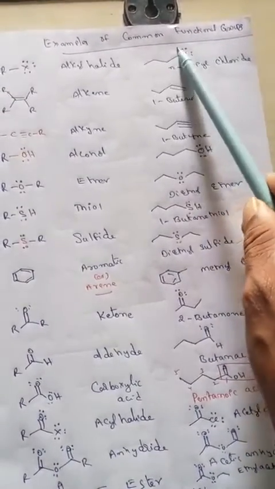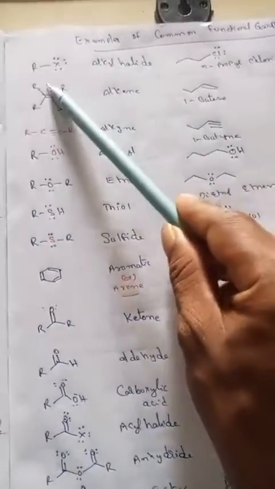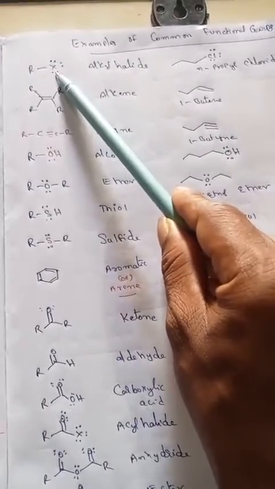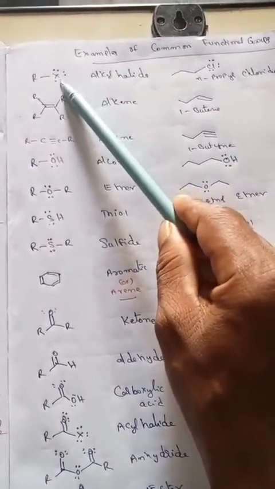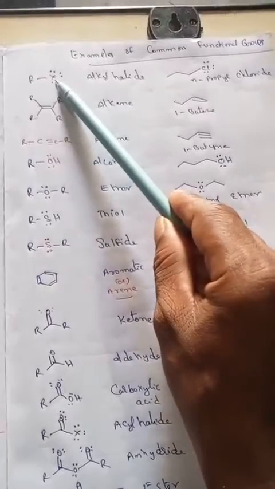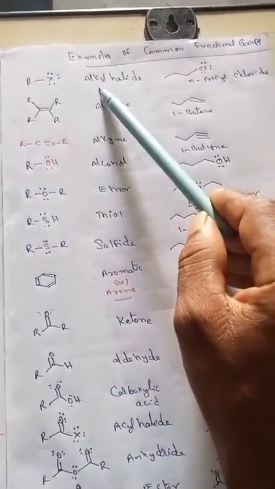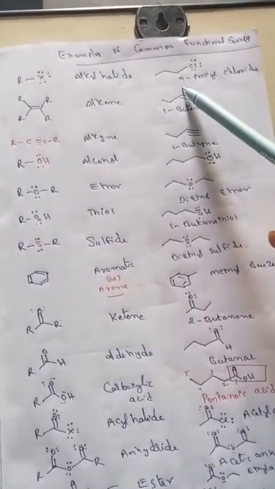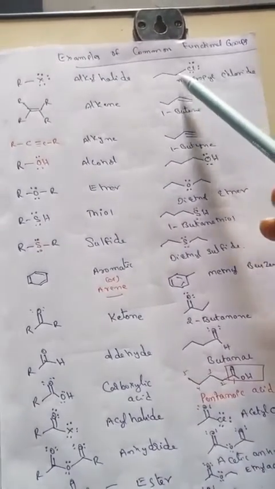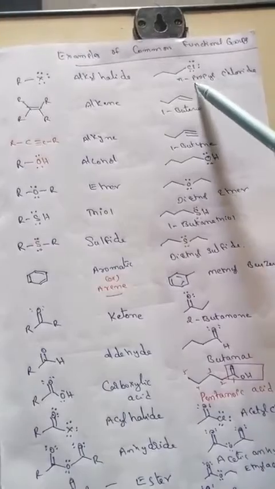Another important topic is examples of common functional groups, for example RX. It has lone pairs of electrons; you can see three lone pairs of electrons. In RX, X may be fluorine, chlorine, bromine, or iodine. It is called an alkyl halide. Example: n-propyl chloride, 1, 2, 3.